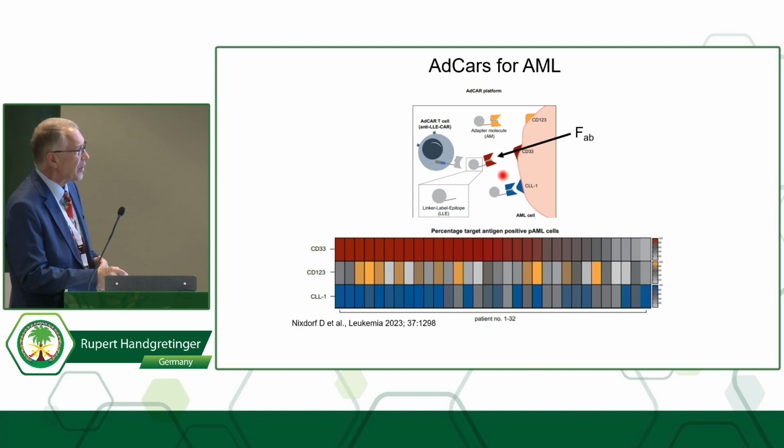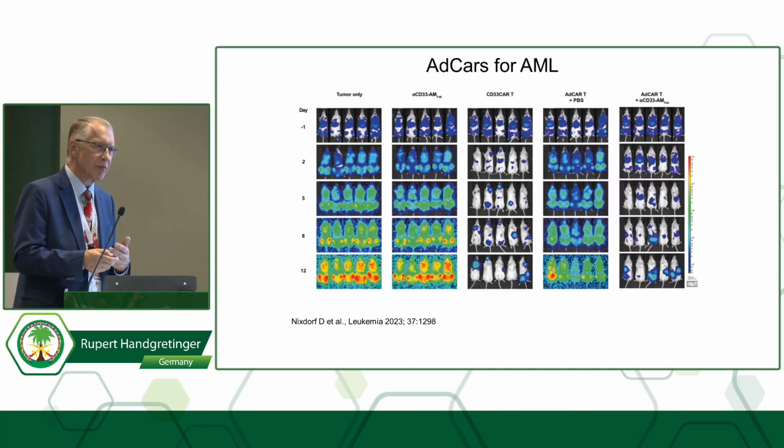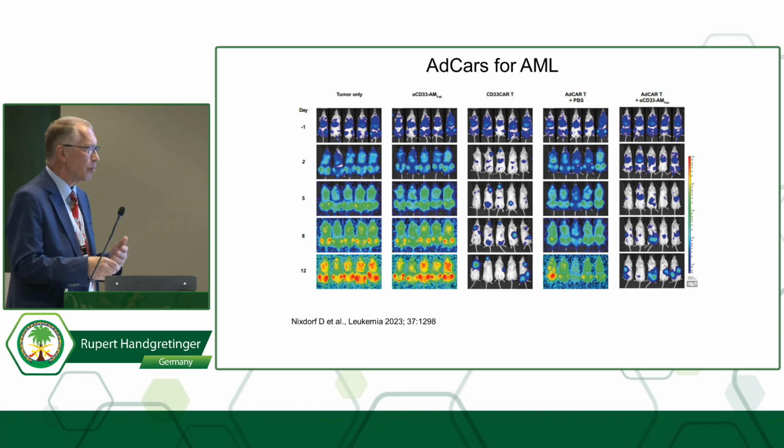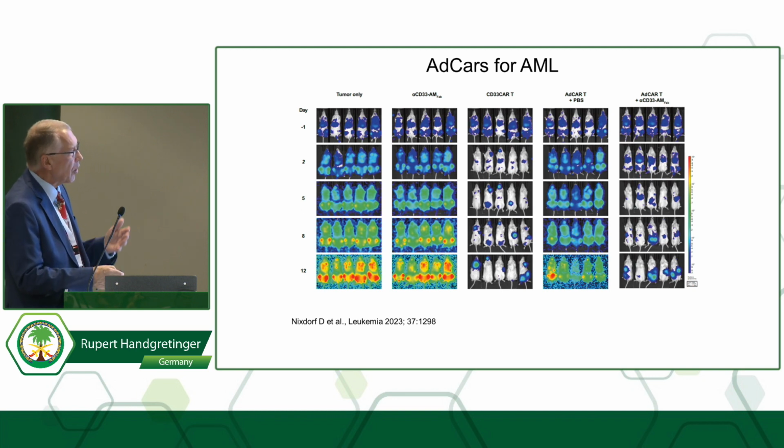They use Fab fragments against different targets, as you can see here, on the AML cells: CD123, CD33, and CLL1, and it depends a little bit on the patient which targets are expressed, so you can have somehow an individualized therapy, and it works quite nicely also in the mouse system, as you can see here.